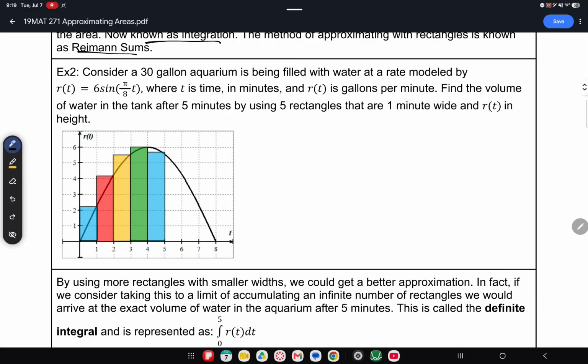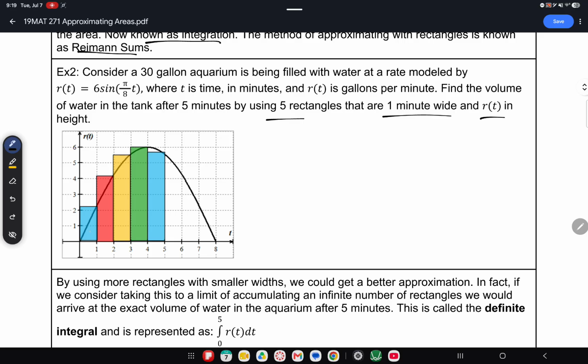So let's look here. Consider a 30-gallon aquarium being filled with water at a rate modeled by this function here, where t is time in minutes and r of t is the gallons per minute. Find the volume of water in the tank after 5 minutes by using 5 rectangles that are 1 minute wide and r of t in height.